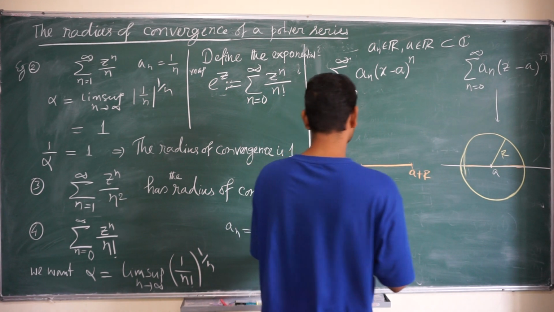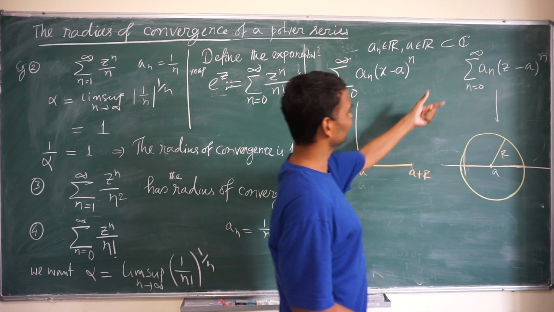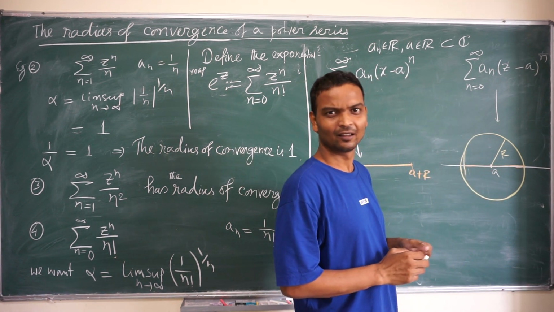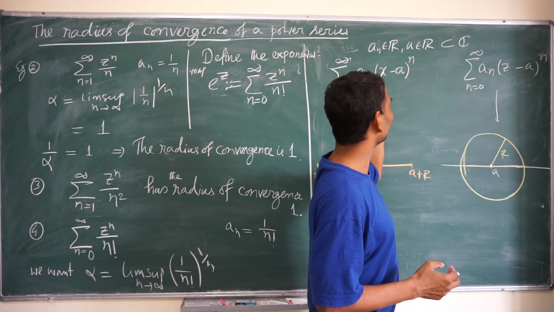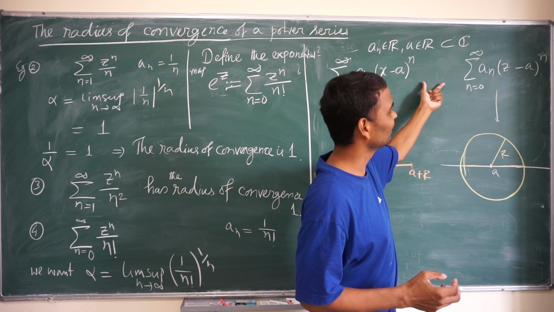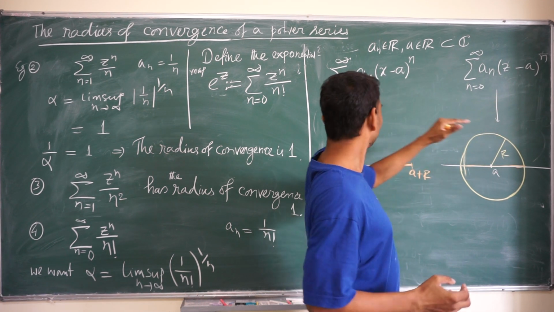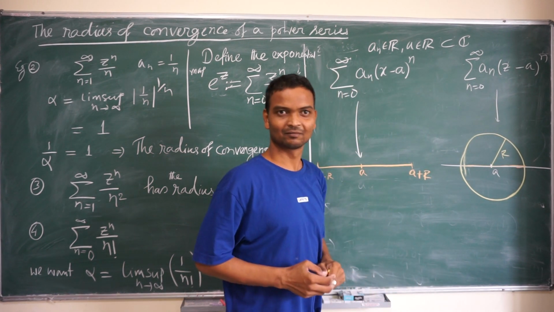The region where it converges corresponds to an interval in the real case, and to a disk in the complex case. If a_n is a real number, and a is also a real number, then you just restrict this to R and you get the same things back.